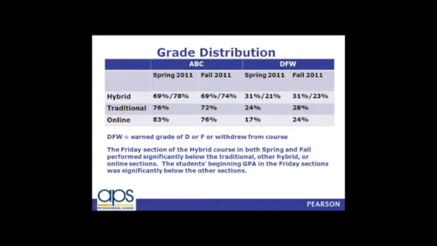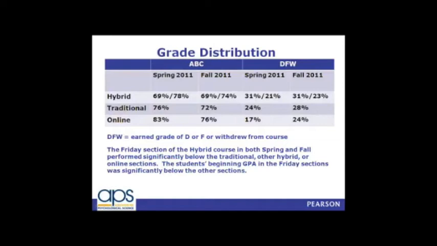So the grade distributions for hybrid and traditional were very similar. We found outliers, though, when we looked at the online class. They seemed to perform much, much better in both spring and fall, especially in spring, and again, they performed a little better in fall. And we do have some data that may answer why this occurred.